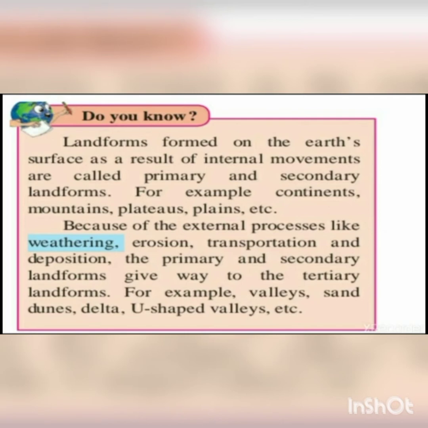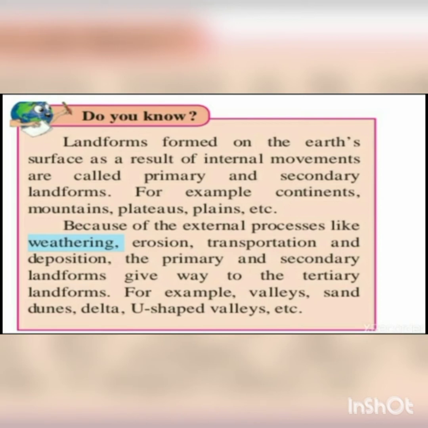We have studied how fold mountains and block mountains have been formed. In the same way, we have studied how the Deccan Plateau has been formed because of volcanic eruptions. So primary and secondary landforms are formed because of earthquakes and volcanoes. In the same way, plateaus or mountains may be formed.